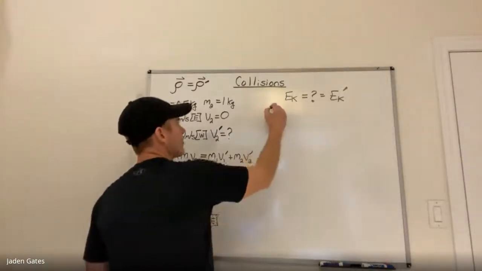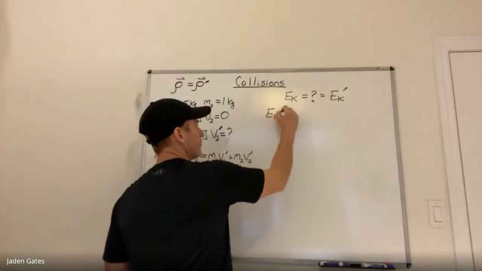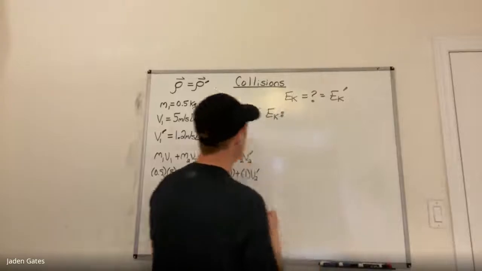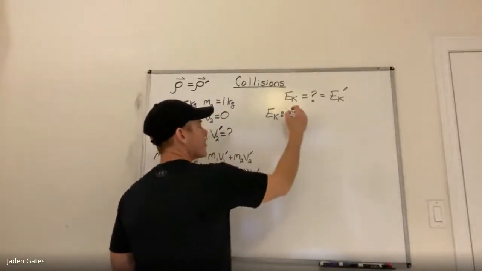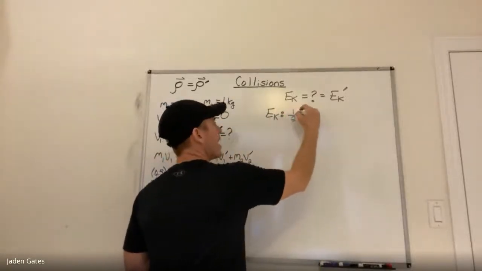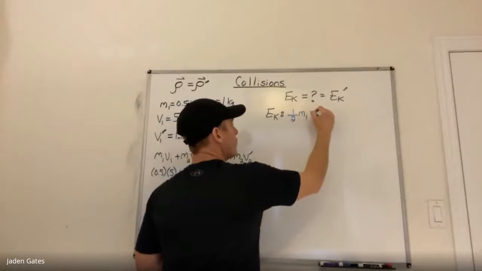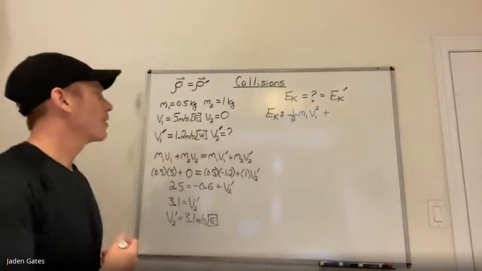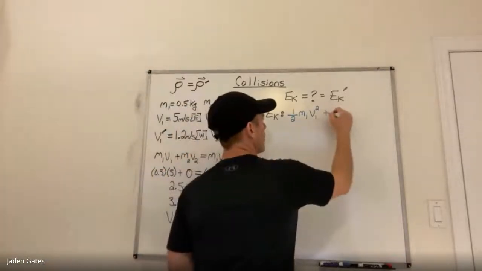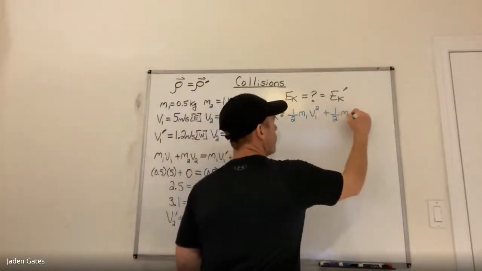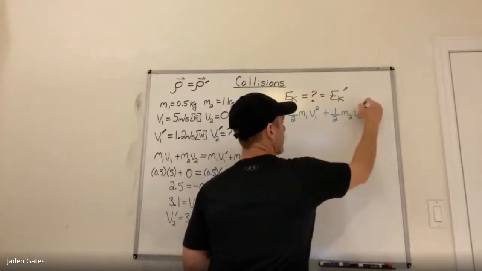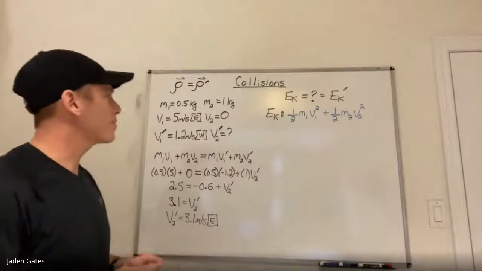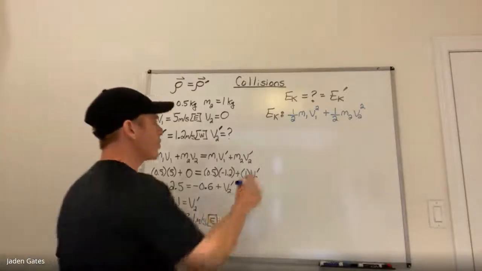I'll do this in two separate equations. The kinetic energy before is 1/2 m1 v1 squared plus 1/2 m2 v2 squared. These are all my masses and velocities initially.